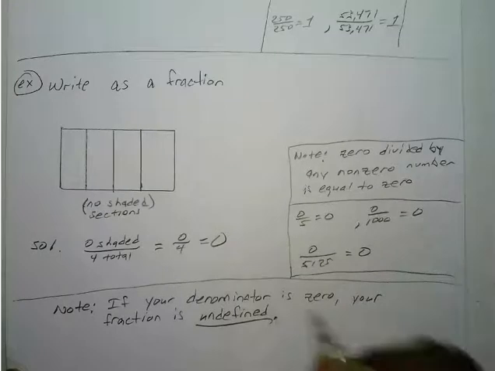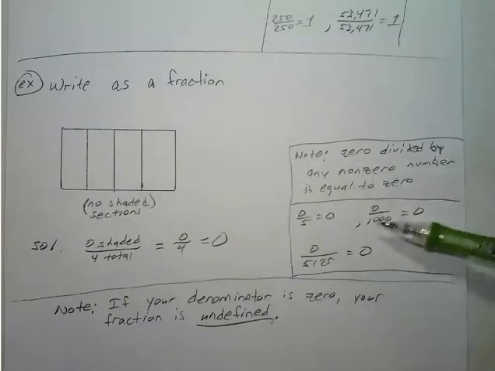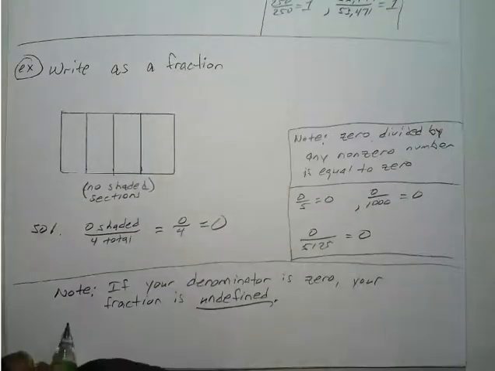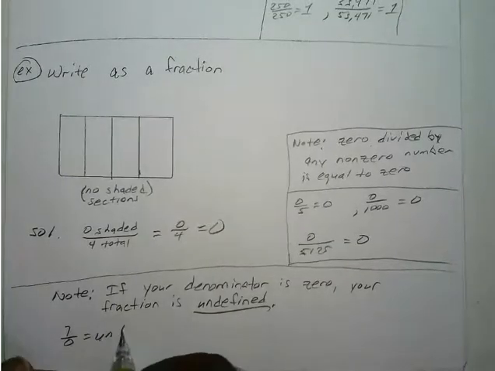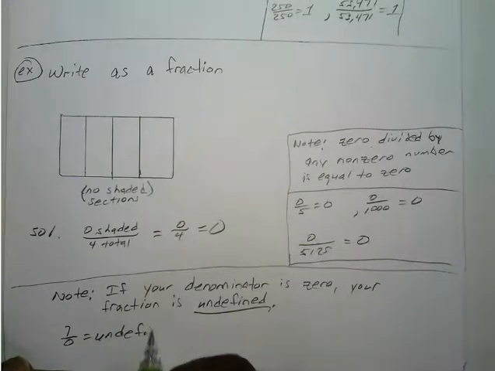It's very important you don't mix up what happens when your numerator is 0 and what happens when your denominator is 0. So if you have 7 over 0, that's going to be undefined.